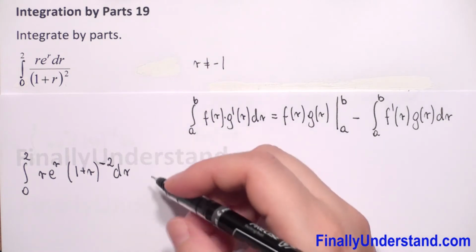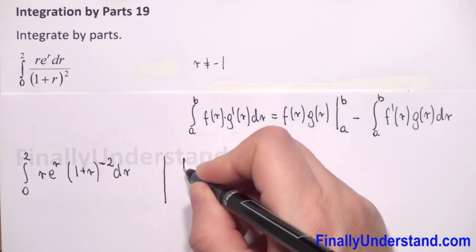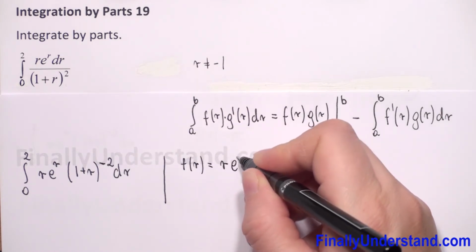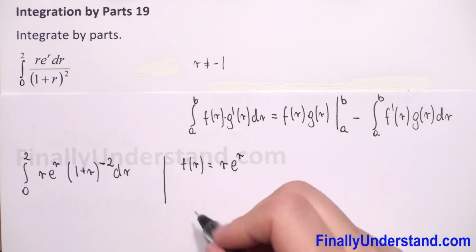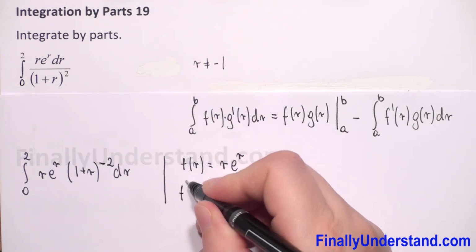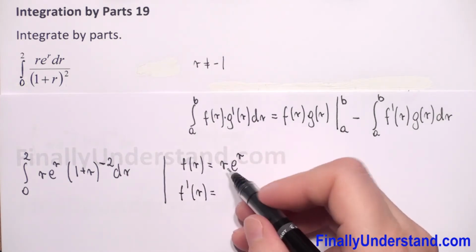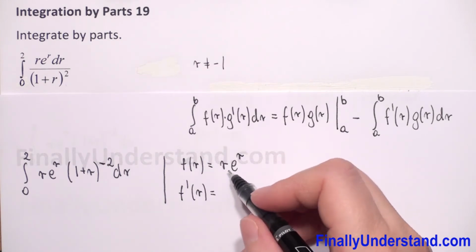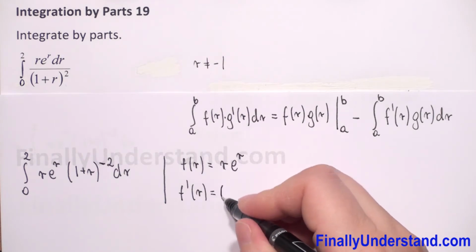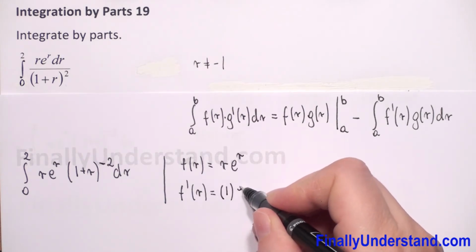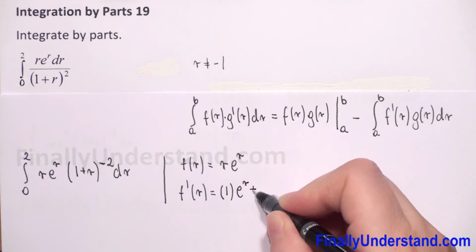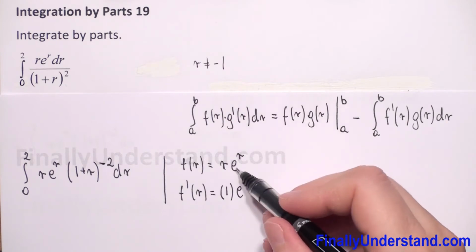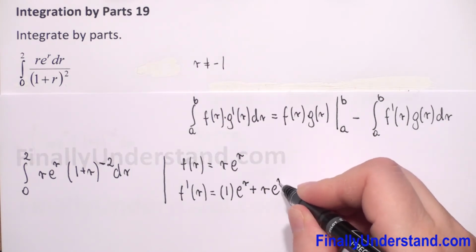So now let me put that our f of r function is equal to r e to power r. So next step, we need to find f prime of r. We need to use the product rule to find the derivative of this expression. So first we need to find the derivative of r, which is 1 times e to power r, plus, and next we have to copy the first expression times the derivative of e to power r, which is e to power r.